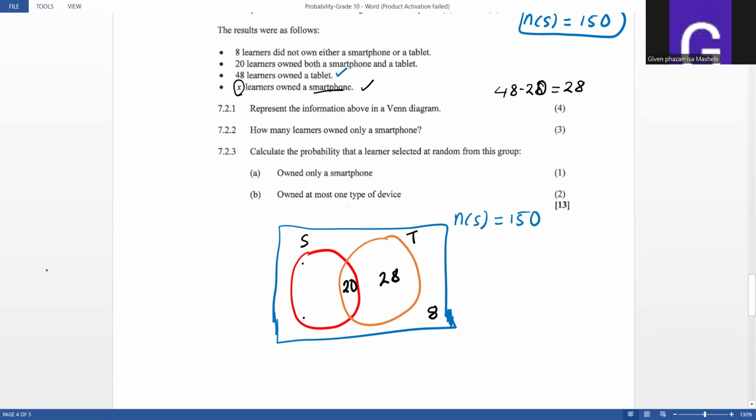So from X, we subtract 20. It means the S only will be X minus 20. I believe you are following why. Because remember they said the whole of S should add up to X. X is the total number of learners who own a smartphone. So we only subtract 20 from X, so it's X minus 20. So this is our Venn diagram.